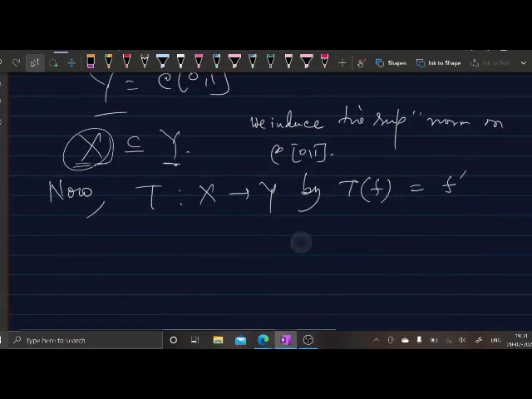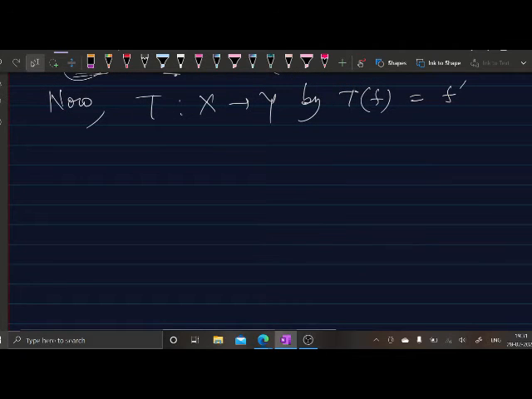Fine. Now let us define a sequence of functions f_n(t) equal to t to the power n.